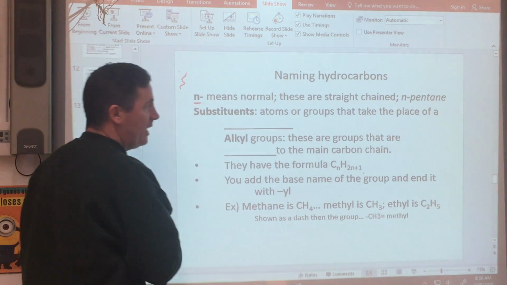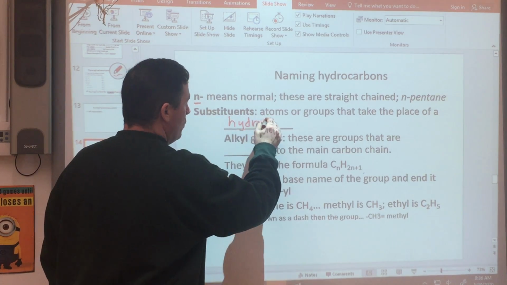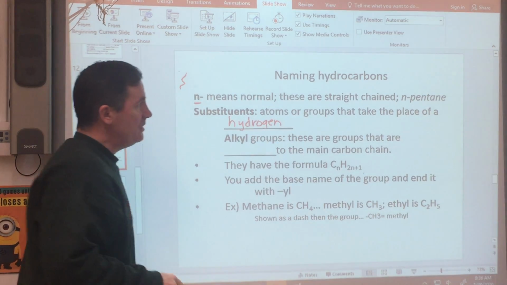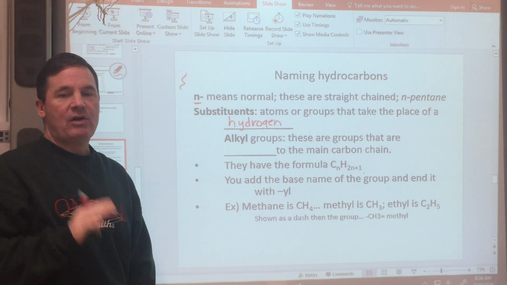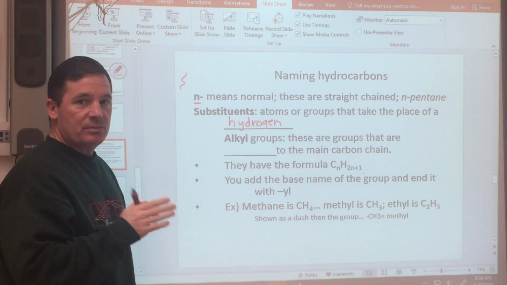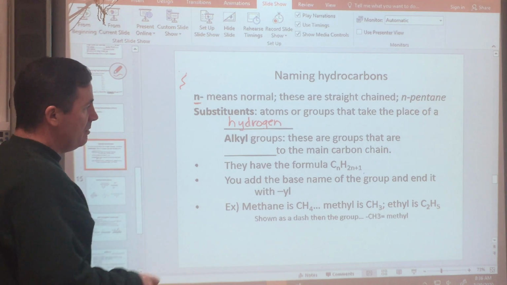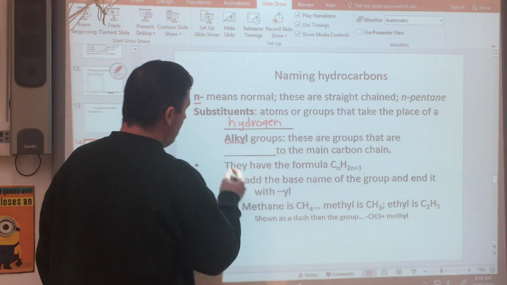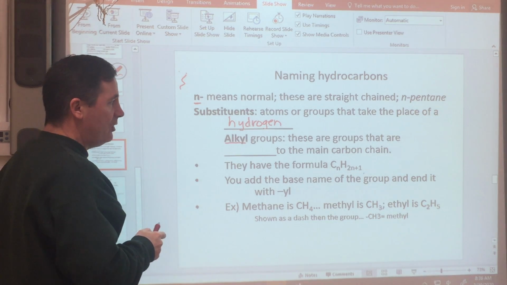Substituents are those atoms or groups that are going to take the place of a hydrogen. So normally, on these hydrocarbons, and reminder, hydrocarbons are those things that only have carbons and hydrogens. We will look at some substituents here probably tomorrow, but the most simple substituent is something called an alkyl group.